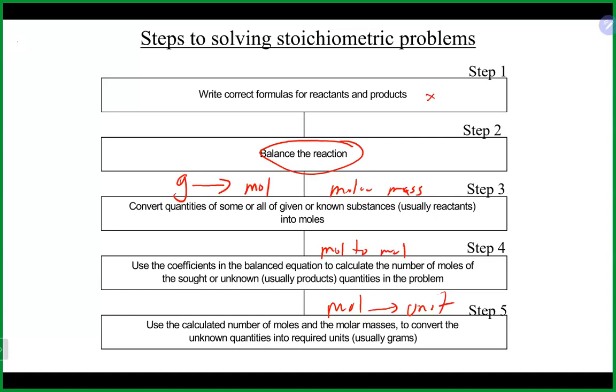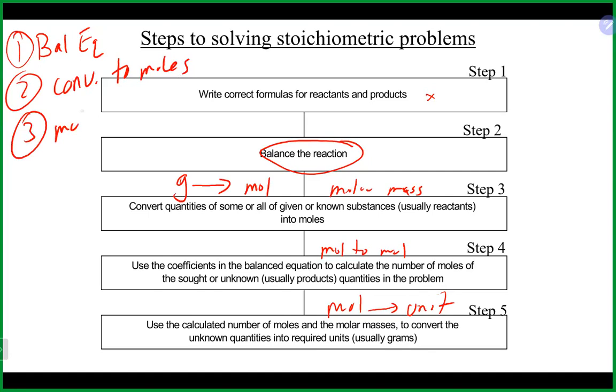So basically, you want to follow these 4 steps: balance the equation, convert whatever they give you to moles, find the mole to mole relationship, and then convert moles to some other unit.